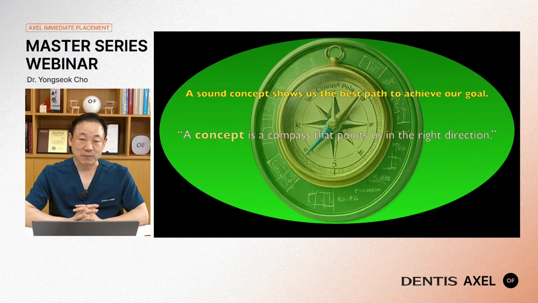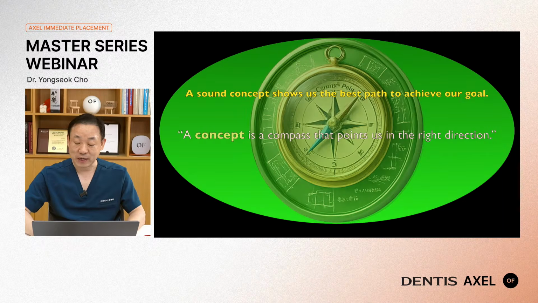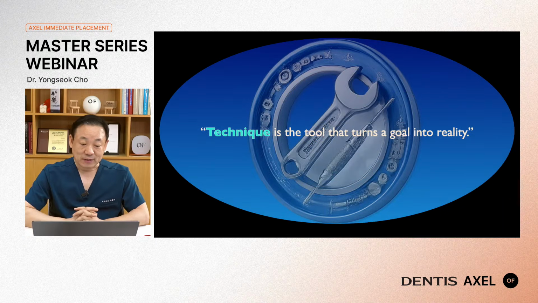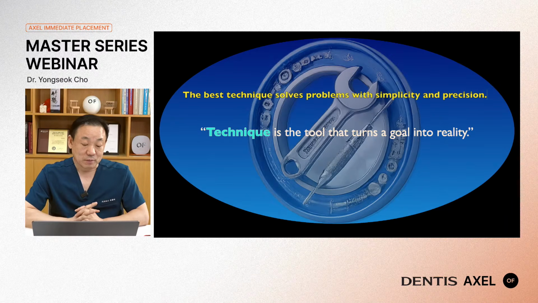A sound concept shows us the best path to achieve our goal. And technique is the tool that turns a goal into reality. The best technique solves problems with simplicity and precision.